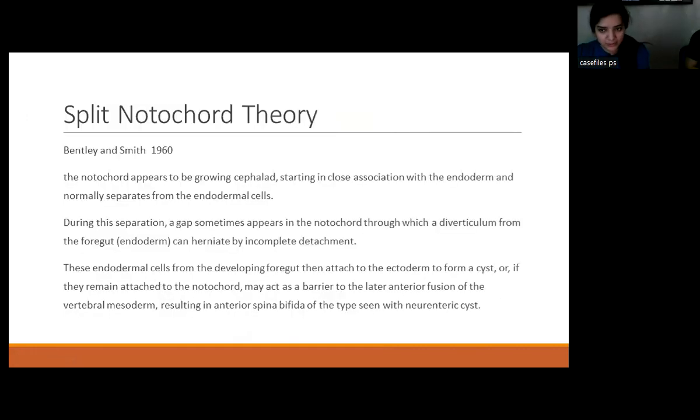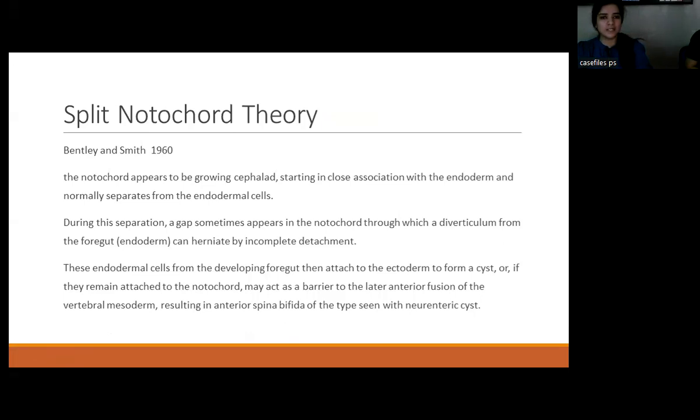Another theory is the split notochord theory, presented by Bentley and Smith in 1960. According to this theory, normally an embryo contains two layers, ectoderm and endoderm, and mesoderm grows in between the two. A single opening appears in between, that is the notochordal plate, which grows dorsally, combines, and pinches off from the endodermal lining.